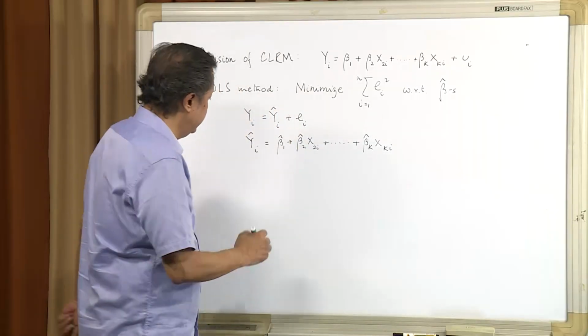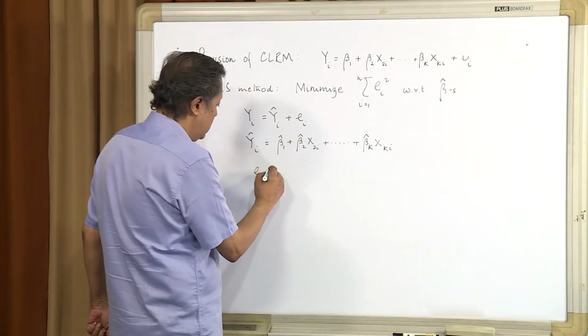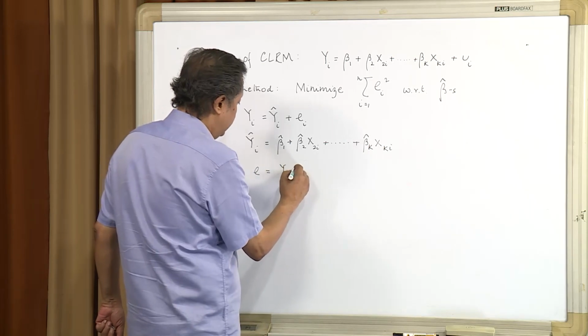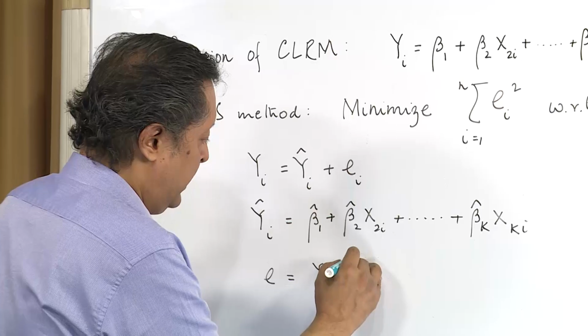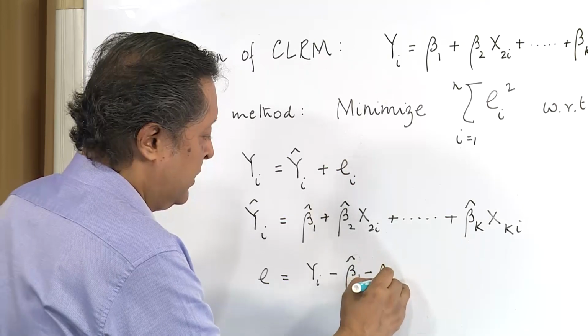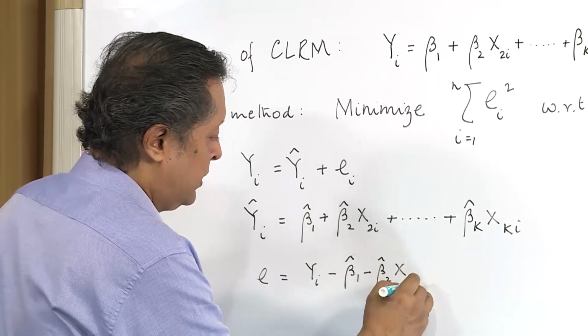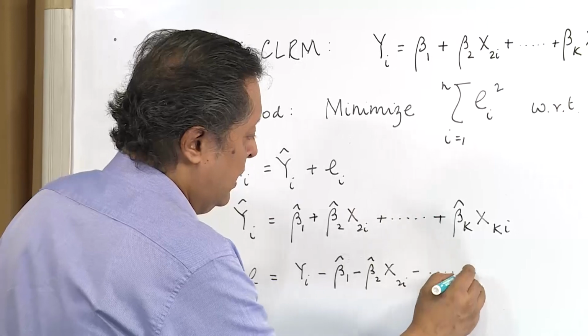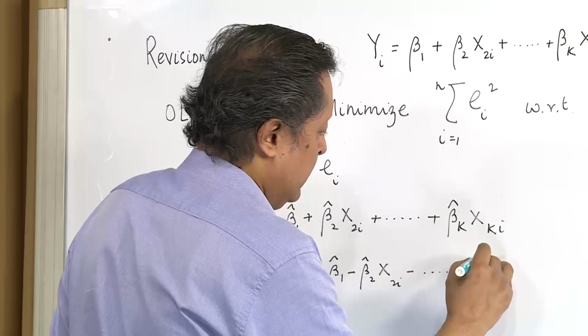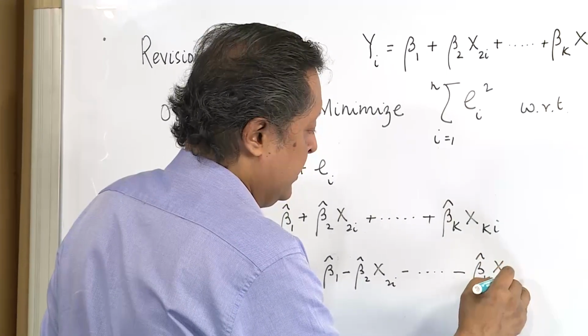Therefore, ei is equal to yi minus beta 1 hat minus beta 2 hat x2i minus ... beta k hat xki.